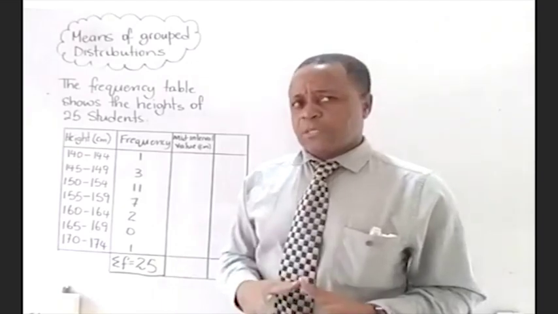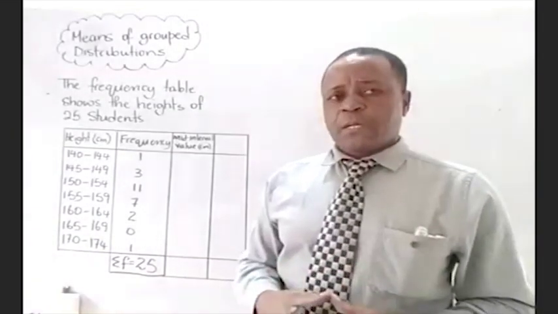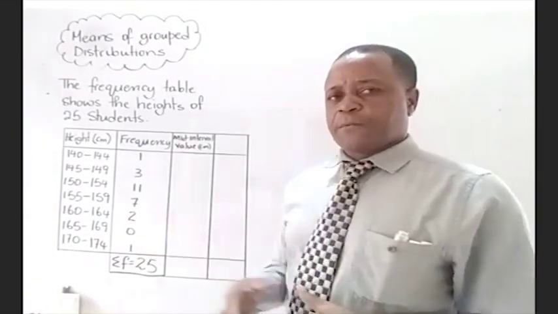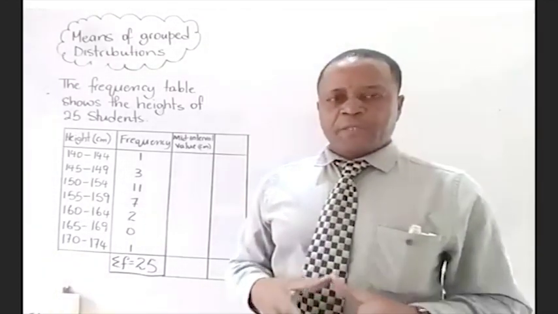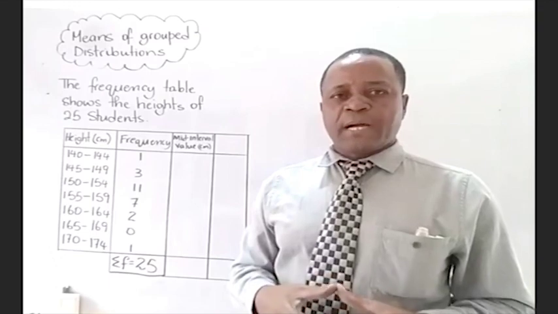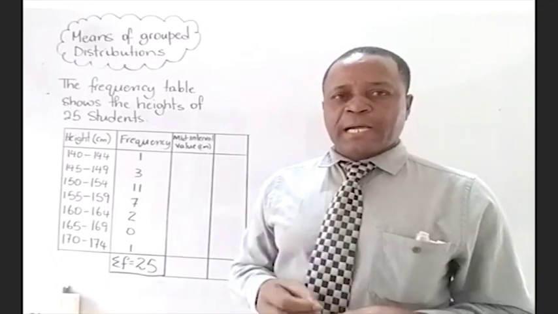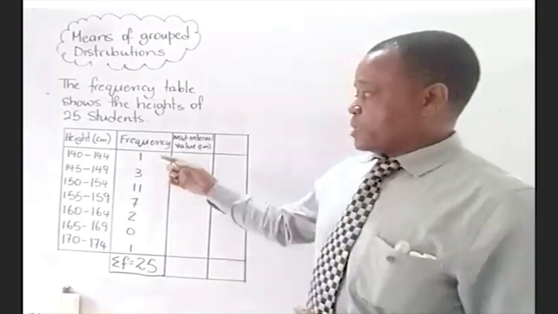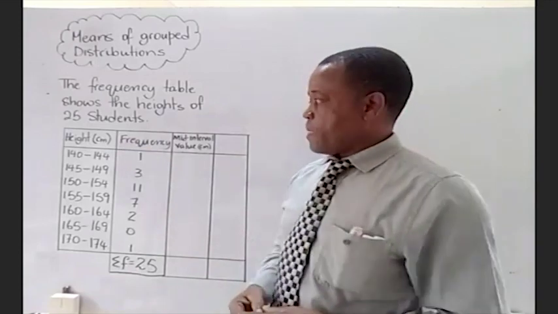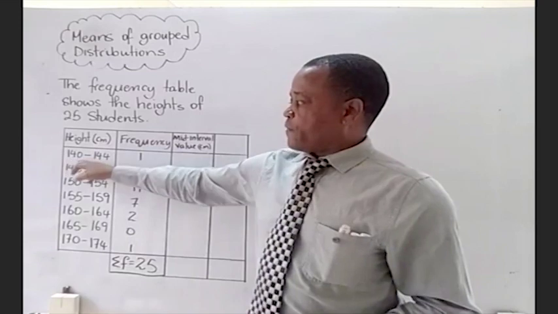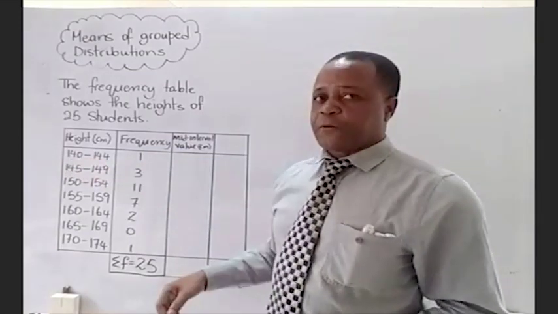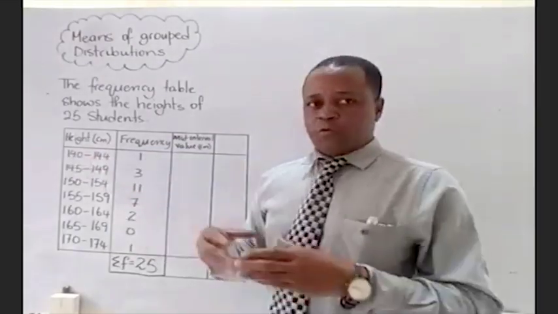Now, there are some things that we need to understand as it relates to our table here. The grouping of the data, we refer to each group as a class or a class interval. Notice in our table here, the height in centimeters says 140 to 144. That's one grouping.